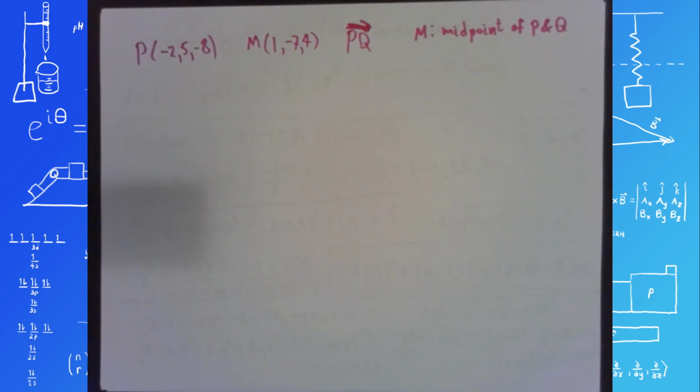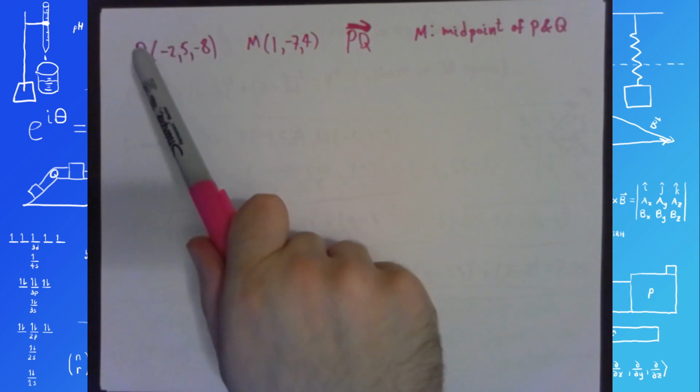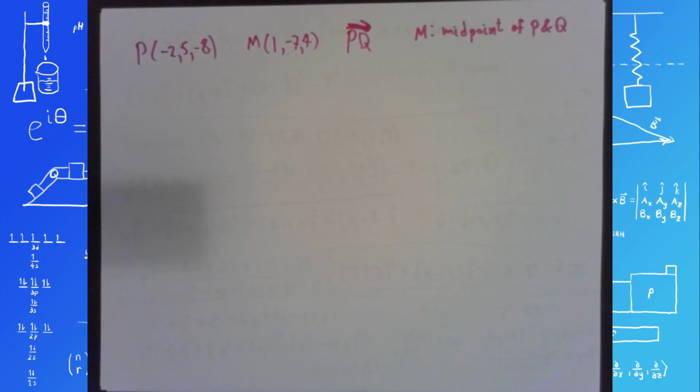There are two ways you can do this. One way is to use the midpoint formula in reverse to figure out where the point Q is, and then do the standard thing to find a displacement vector between 2 points. The other option is to find the displacement between P and the midpoint and simply multiply that by 2, which is what I would rather do, but let's try both, just for the sake of getting that mental exercise.